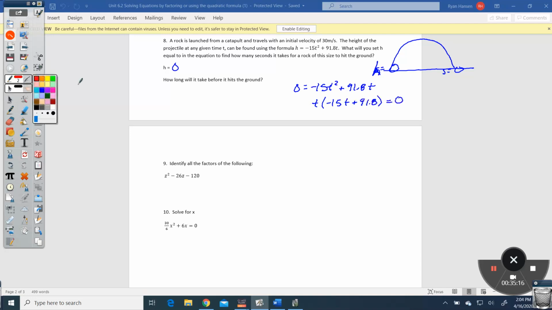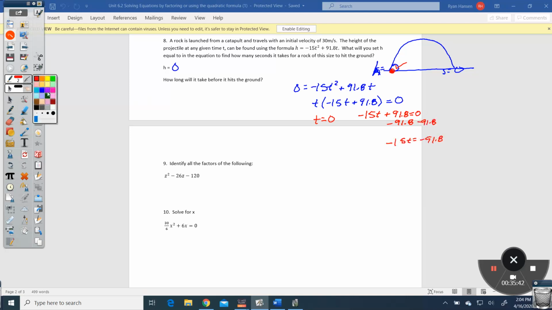So if I set each of my factors equal to 0, I get t equals 0, which of course we already knew. When time is 0, yeah, the height is 0. It hasn't taken off. It hasn't gone anywhere. But now I need to solve this other one. That's the piece that we really are worried about. So negative 15t plus 91.8 equals 0. So now I minus the 91.8 from each side. So negative 15t equals negative 91.8.